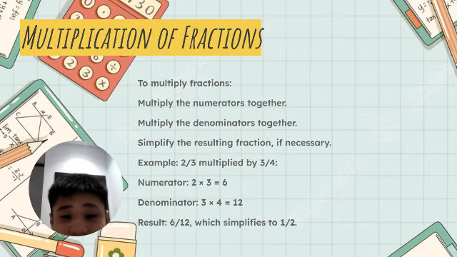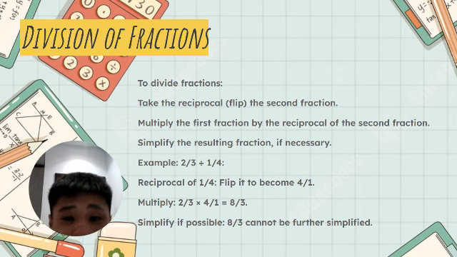To multiply fractions, we multiply the numerators together and the denominators together. For example, 2 over 3 multiplied by 3 over 4 equals 6 over 12, which simplifies to 1 over 2. When dividing fractions, we take the reciprocal of the second fraction and multiply.